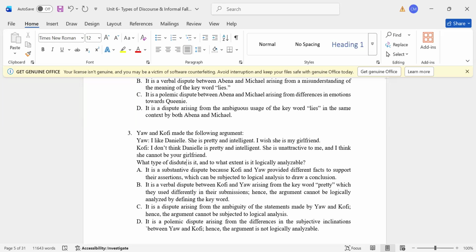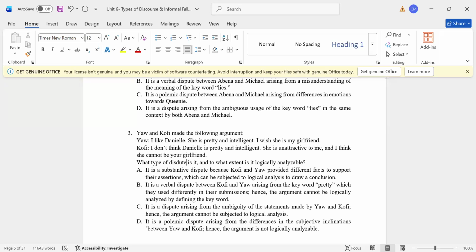Hence, the argument cannot be logically analyzed by defining the key word. C, it is a dispute arising from ambiguity of the statements made by Yao and Kofi. Hence, the argument can be subjected to logical analysis. And D, it is a polemic dispute arising from the differences in the subjective inclinations between Yao and Kofi. Hence, the argument is not logically analyzable.